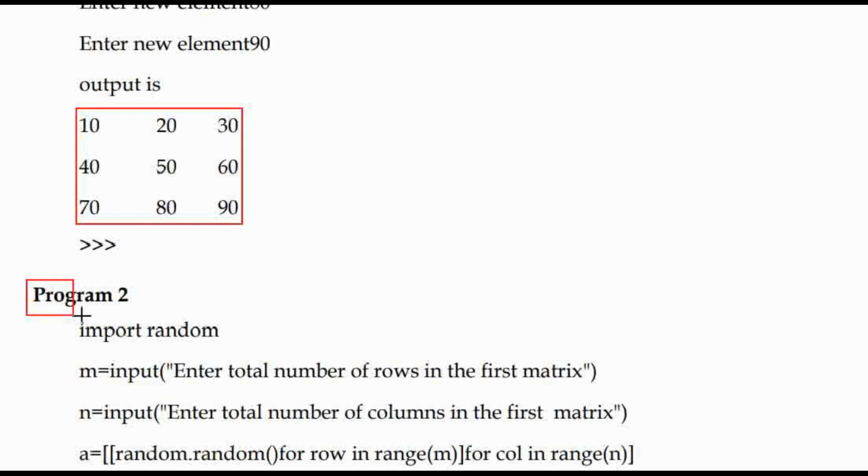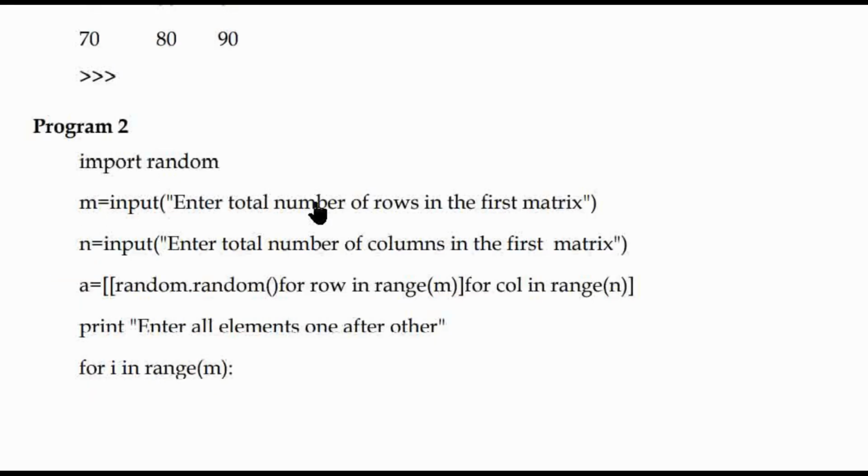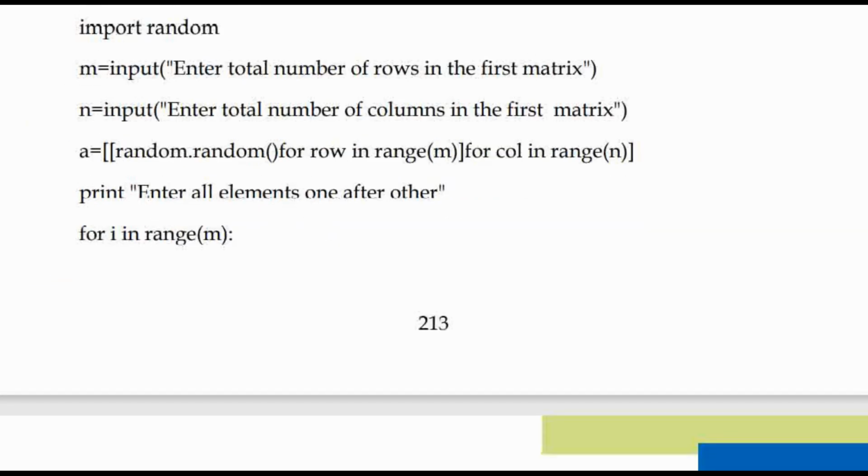Program 2, import random. It is importing random. M equal to input, enter total number of rows in the first matrix. N, input, enter total number of columns in the first matrix.